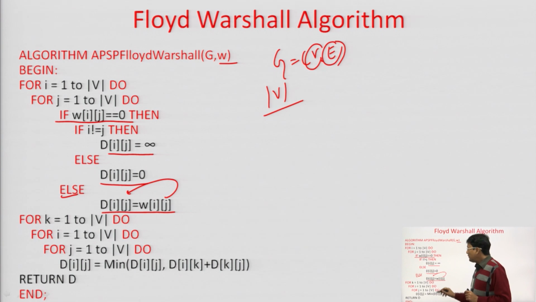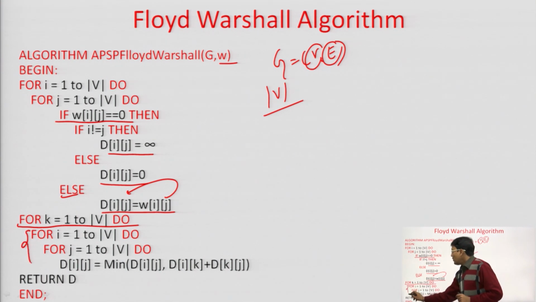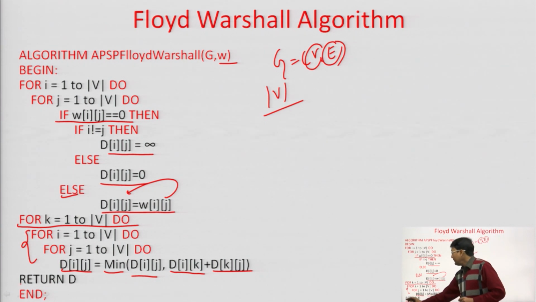Now after this you will take every vertex as a mediator once, and then you will update all the entries of the distance matrix by the formula Dij equals to minimum among Dij, और I से K चले जाइए और K से J चले जाइए, उन दोनों को ऐड कर दीजिए. तो इन दोनों में जो भी मिनिमम वैल्यू होगी that will be selected. When the entire operation will finish, you will return the D.